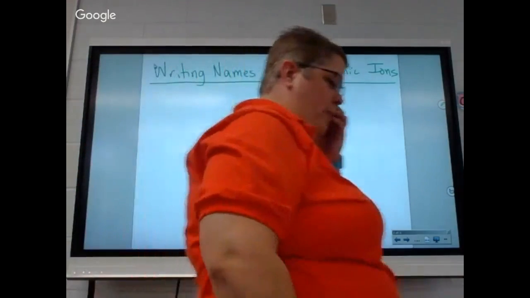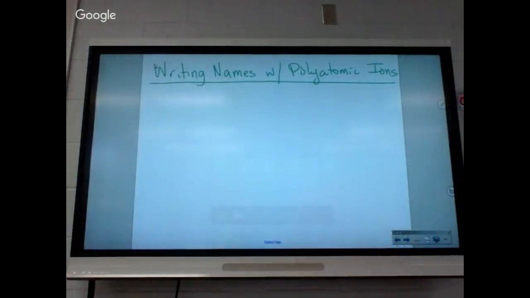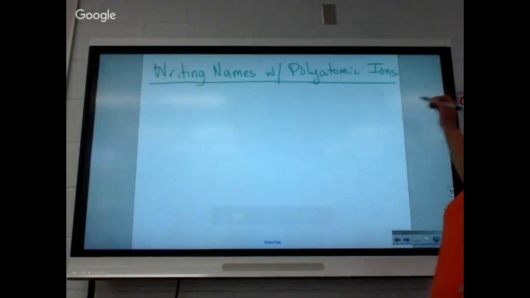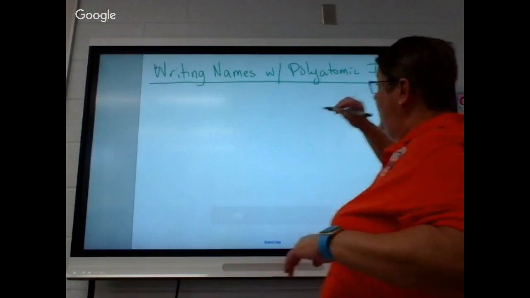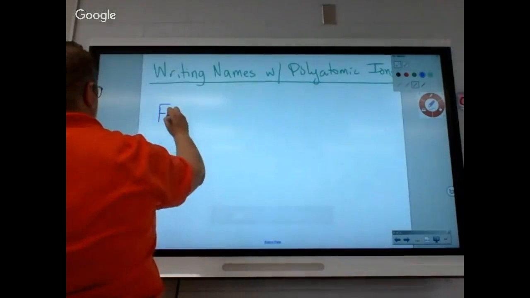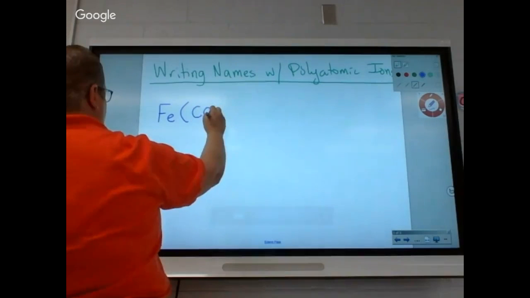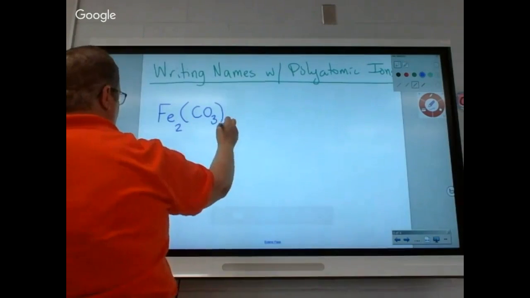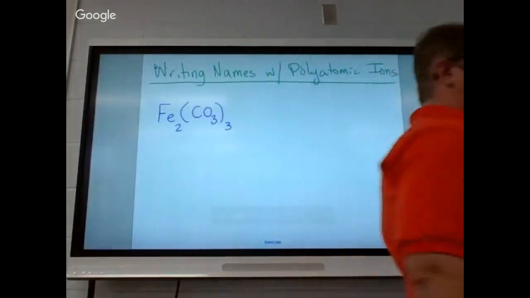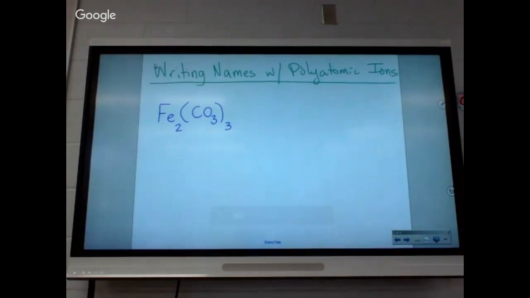We don't need to write down any new steps because we wrote steps down yesterday. Let's say we have a formula like Fe2(CO3)3. These are the easiest because parentheses scream to you, I have a polyatomic ion. We're going to do one with and one without to point out the differences.